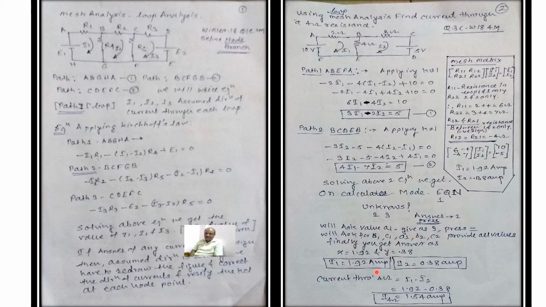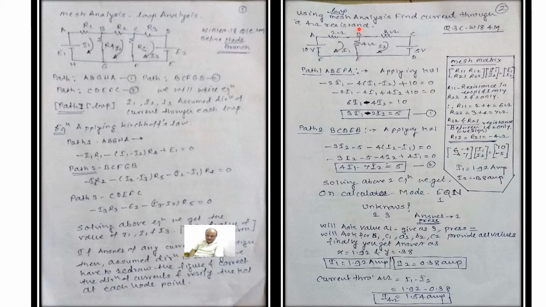So here it clearly indicates that 1.92 ampere is the I1 current and 0.38 is the I2. So current through this we have to calculate through the 4 ohm here. Now we know that this is the branch. From this branch 2 currents are going.